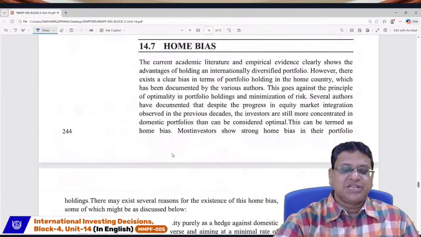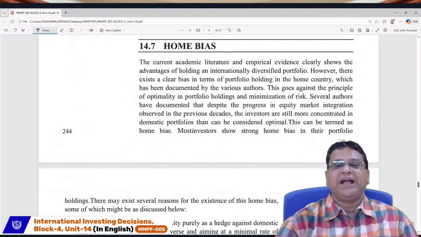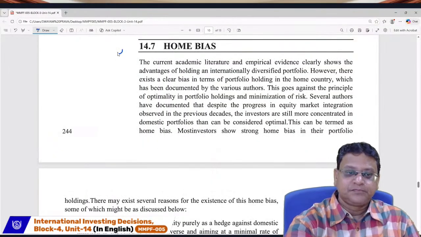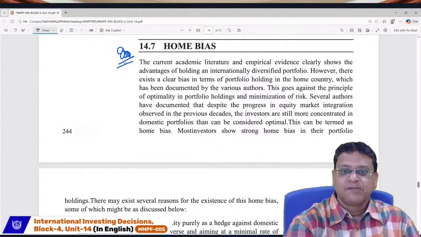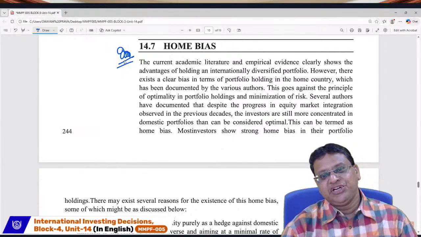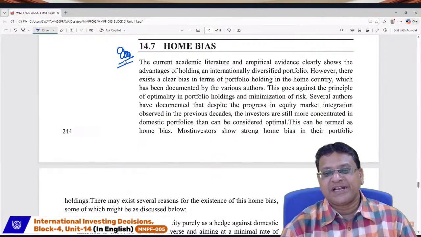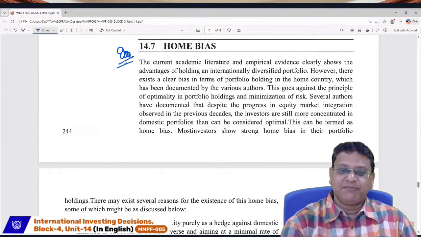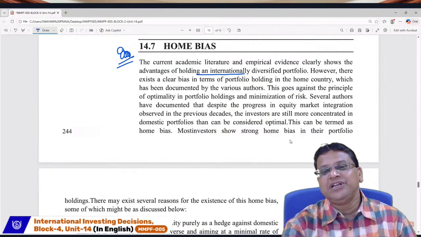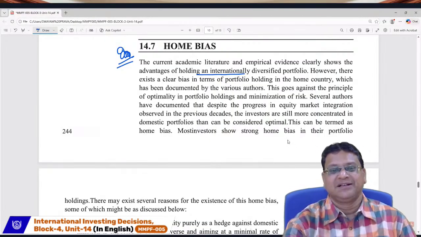Next, we will discuss a concept called home bias. What is home bias? We know that international investment reduces risk. It reduces country-specific currency risk. So everybody must invest internationally to reduce their systematic risk.